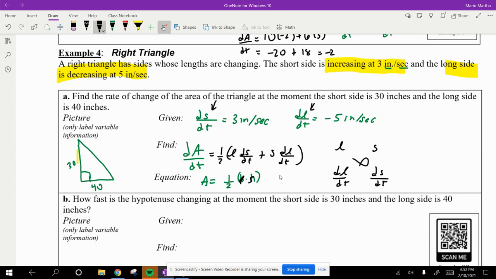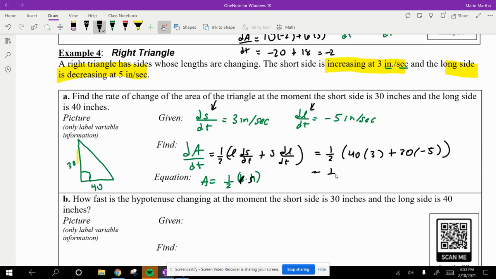And then from there, again, we're going to substitute. So let me get rid of this right here. And then we say this is equal to 1/2 times L, which at this moment happens to be 40, times ds over dt, which is positive 3, plus 30 times dl over dt, which is negative 5.